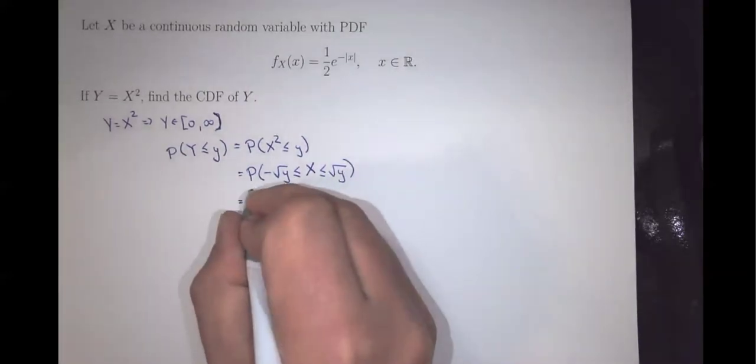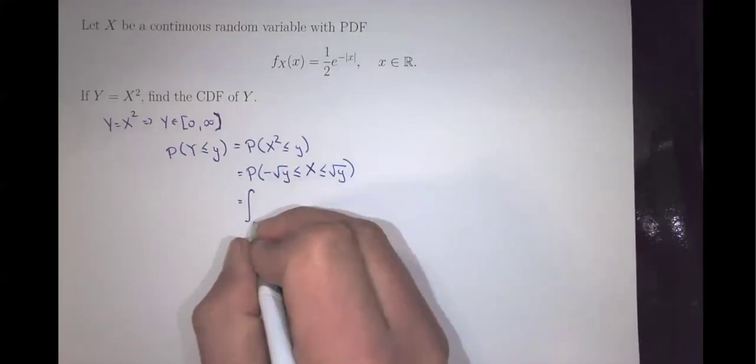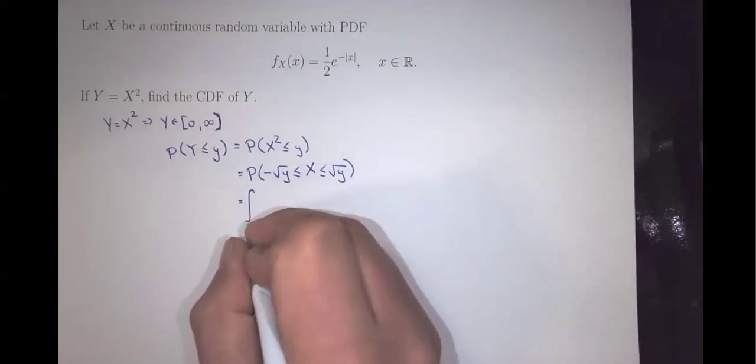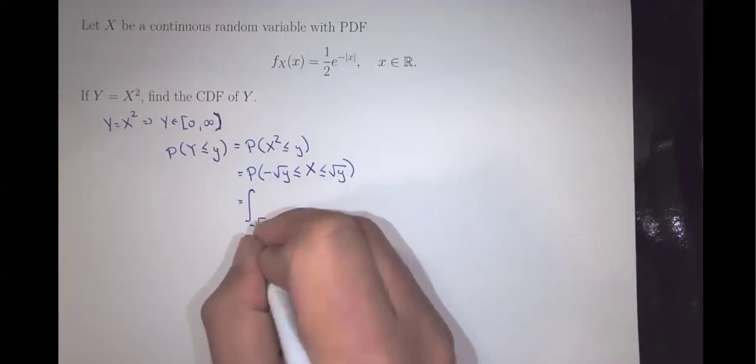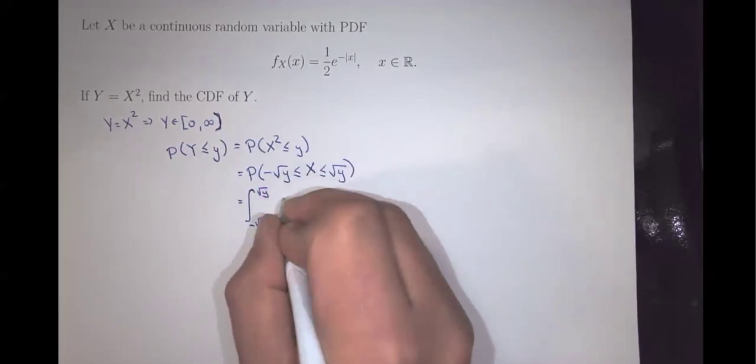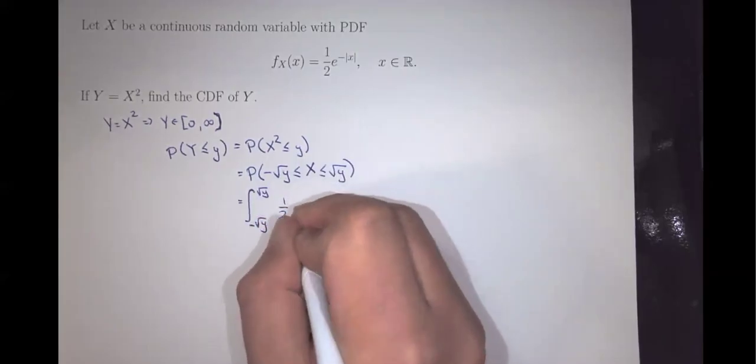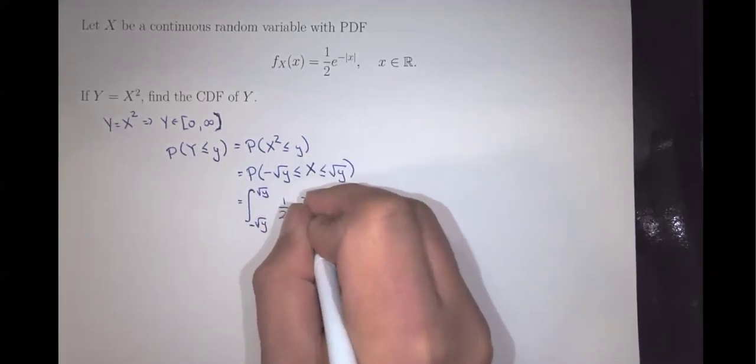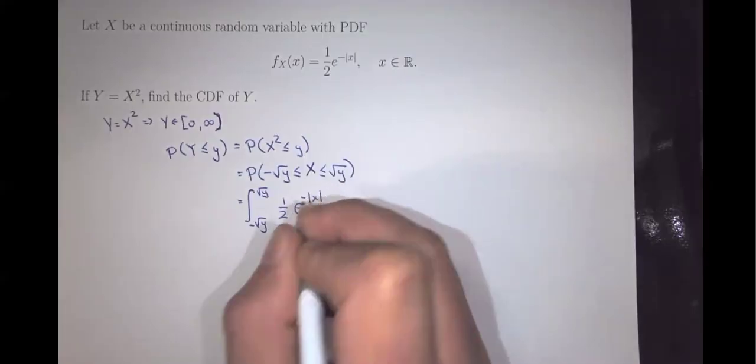So this is the integral from negative root y to root y of 1/2 e to the negative absolute value x.